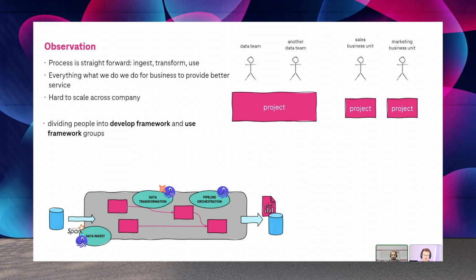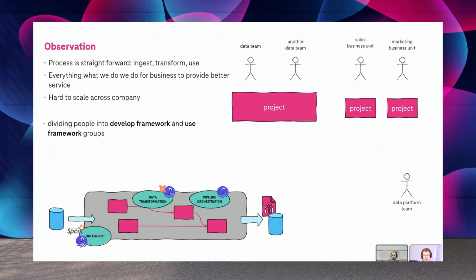So in Magenta, which is what Telekom is called in Austria, we believe that not everybody can know everything about this process, because either you know the business or you know the technology itself. And the other group of people, the group which was already there earlier, are the users of this framework.